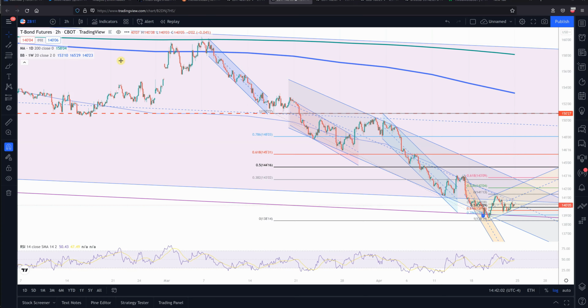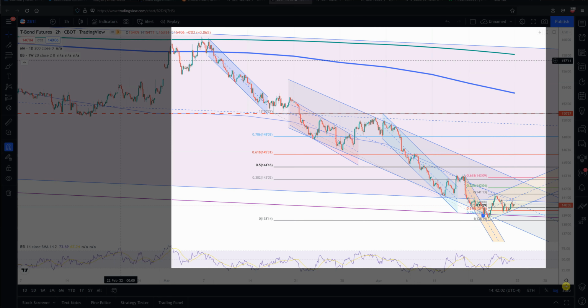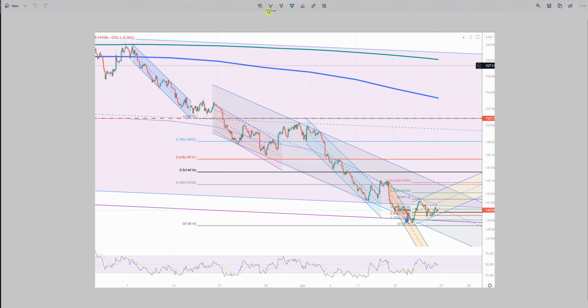And so I continue to view this large purple channel as the 2 year channel we've been in, and from one side to the other, this looks like a one down, a two, and then a big third wave in this gray channel here. It's a 1, 2, 3, 4, 5.